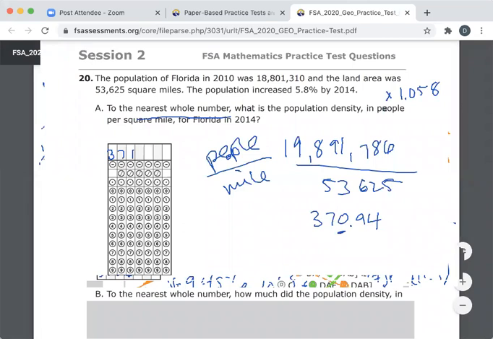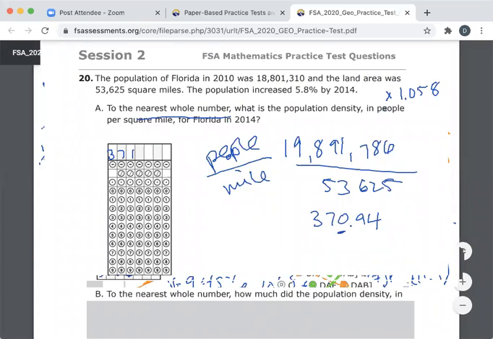So we're going to divide, I'm not going to write it all out, but the 18 million number divided by the 53,000 number. 18,801,310 divided by 53,625. And that gives me 350.6. So I'm going to round that up to 351.